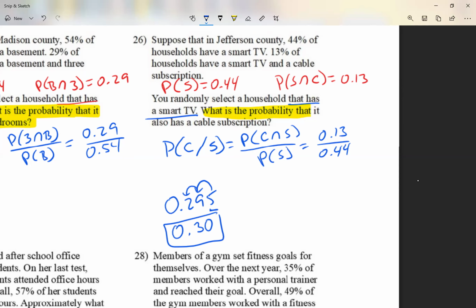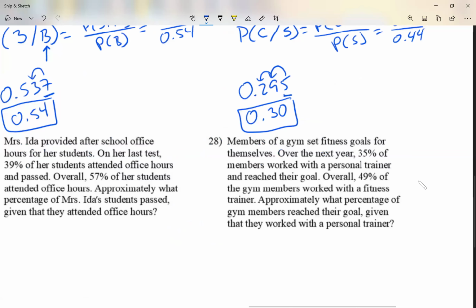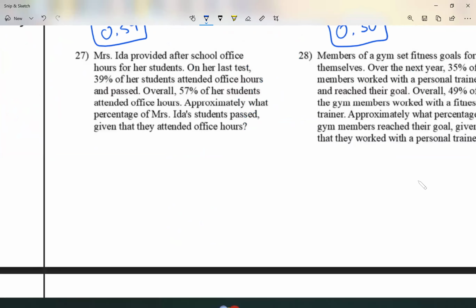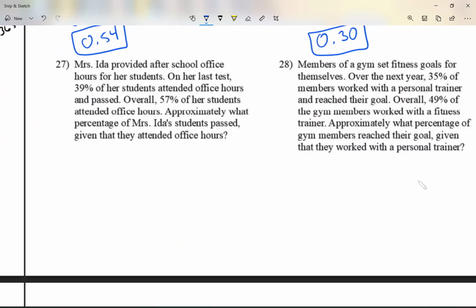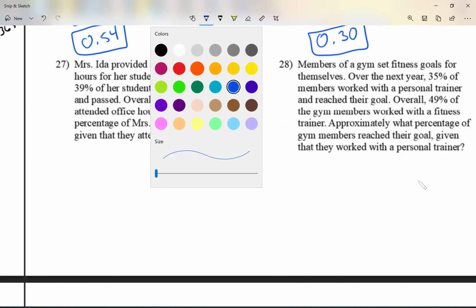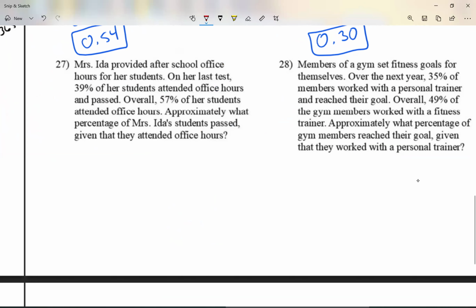Okay, let's take a look at number 27 because I'm working up until 28 today. Miss Ida provided after-school office hours for her students. On her last test, 39% attended office hours and passed.